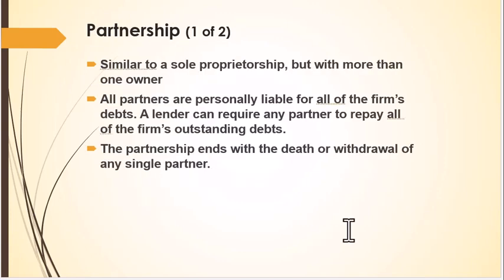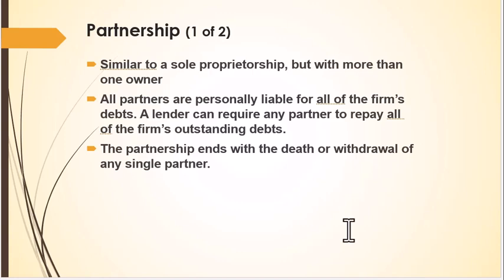A partnership is very similar. We just have more than one owner. Again, all the partners are personally liable for everything that happens to the company's debts, but they're also responsible for any alternative liabilities of the company. Should it be sued, each partner is liable for their share of any of those losses.